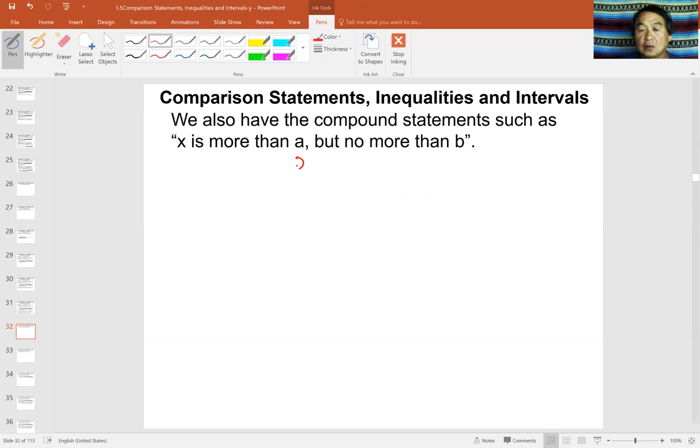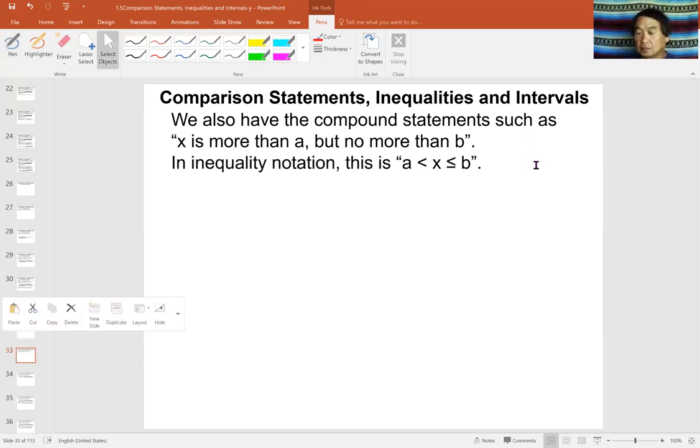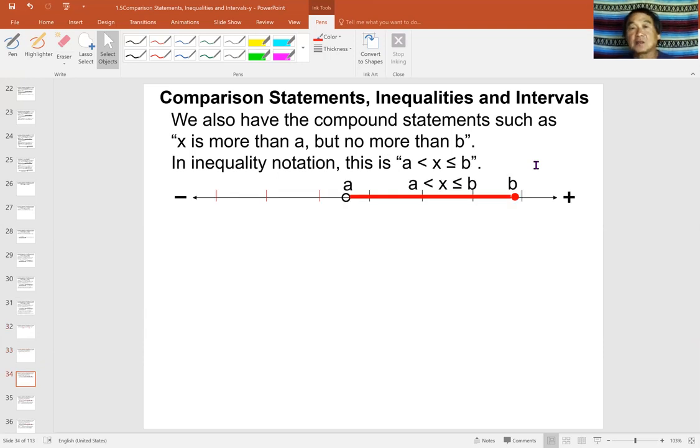If I state "x is more than 2, but no more than 0," there will be no such number. So in order for this sentence to have solutions, the underlying assumption is that number a is smaller than number b. We write that statement as an inequality, and this is the picture.